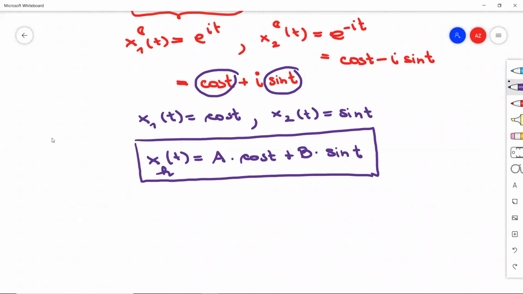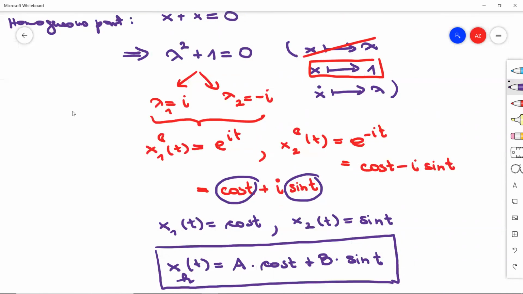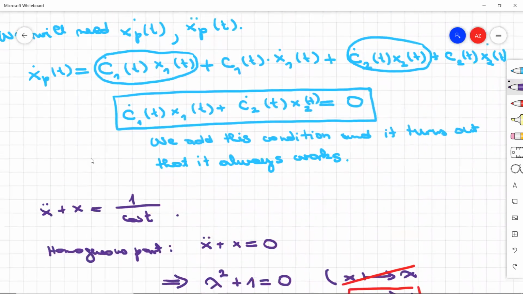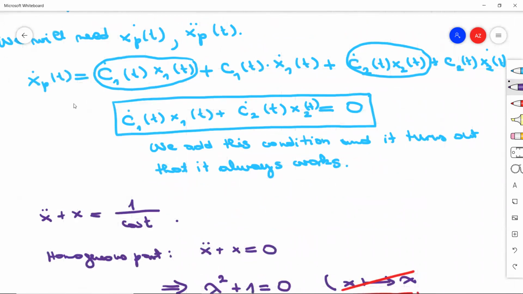So the particular solution is obtained by variation of constants, as we did above. xp of t is a of t cosine t plus b of t sine t. And so we took the first derivative of this particular solution.